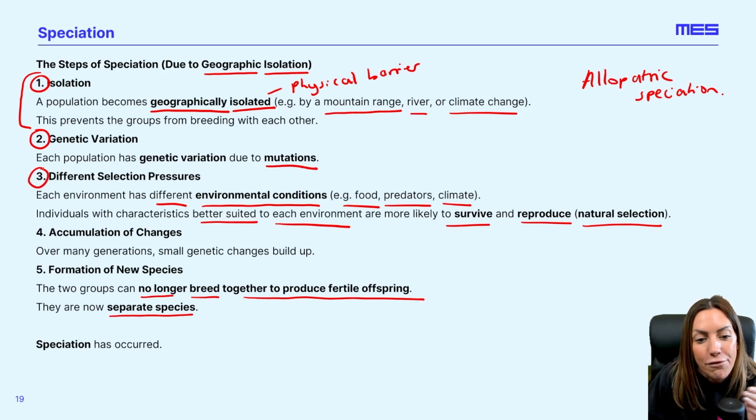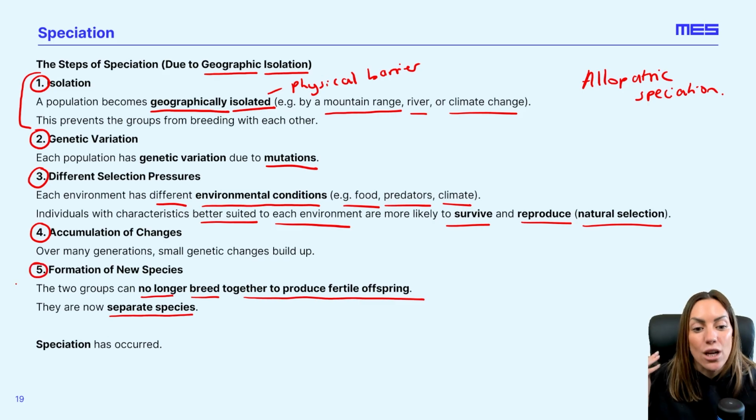There has to be differences in the environments, so natural selection will occur differently. There has to be an accumulation of genetic differences, and eventually you say you form two new species because they can no longer interbreed to create fertile offspring. We've got two new species arising from a pre-existing species that was separated or isolated.